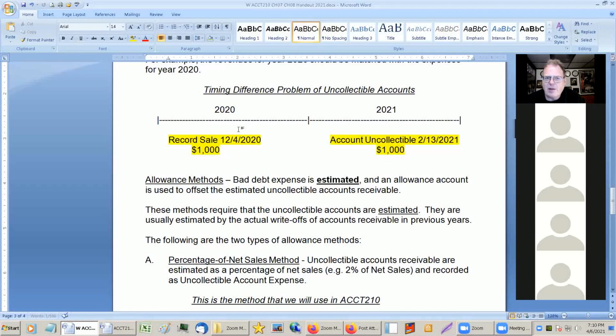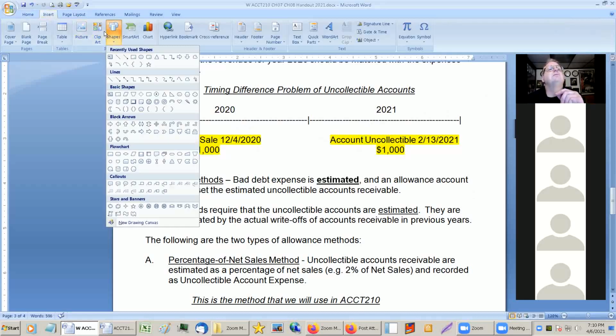Now notice, if you're creating the sale here and the expense here, you're separating out the revenues and the related expenses. This expense, where's my little insert stuff here?